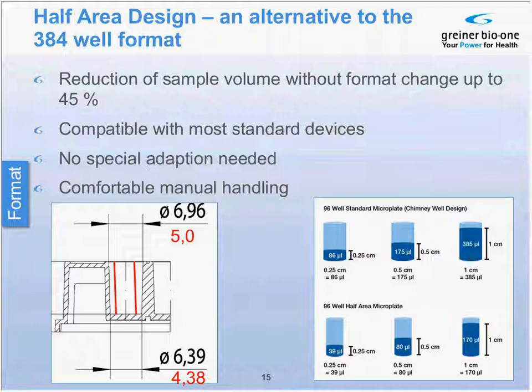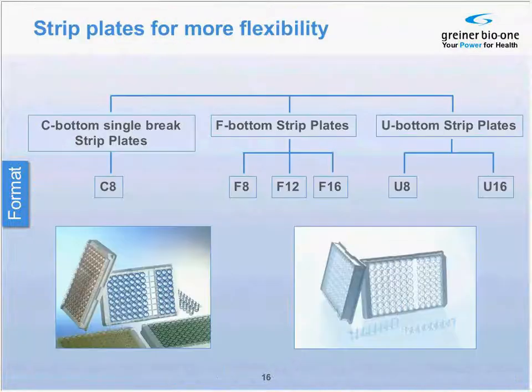For the same path length of 0.5 centimeters, a volume of only 80 microliters is required in a half-area microplate instead of 175 microliters in a standard plate. In addition, half-area microplates are compatible with most standard devices without any special adaptations, and manual handling is more comfortable than with 384-well microplates.